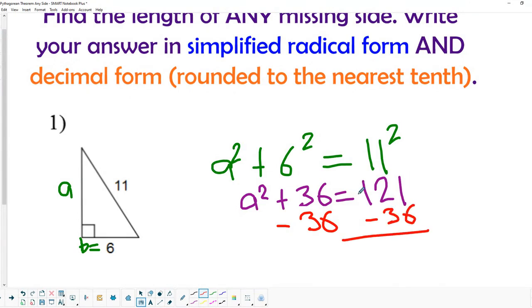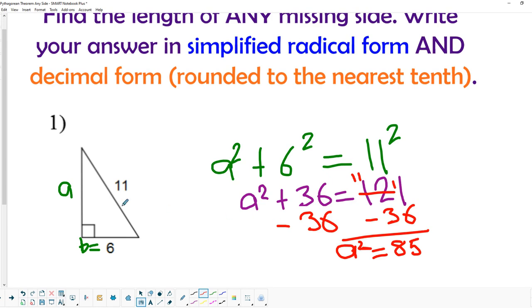What would I get? I would do 12, take away 1 gives me 11, bring 1 over to the 1 that I borrowed. Now I have 11 minus 6, which is 5, and 11 minus 3, which is 8. And all of that is equal to a squared.